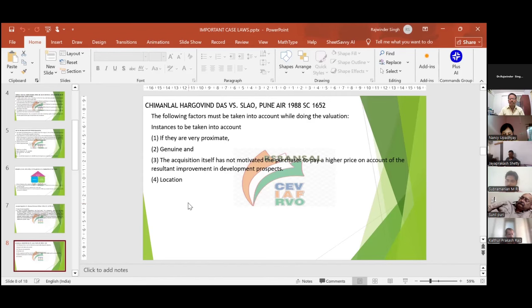And second, they must be genuine, and the acquisition itself must not have motivated the purchaser to pay a higher price on account of the resultant improvement in the development prospects and the location.